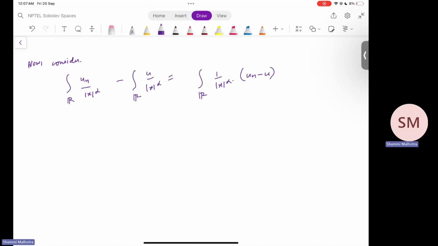Finally, what we can do is divide this region into two parts: when |x| is greater than n, 1 upon |x|^α (u_n minus u), and the other when |x| is less than or equal to n, (u_n minus u).